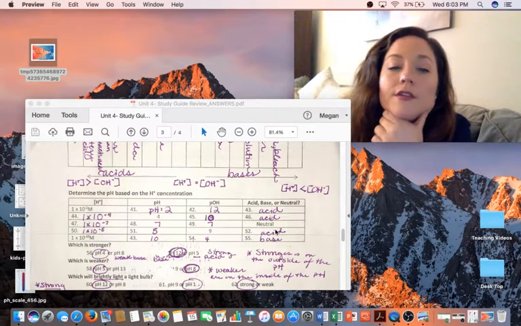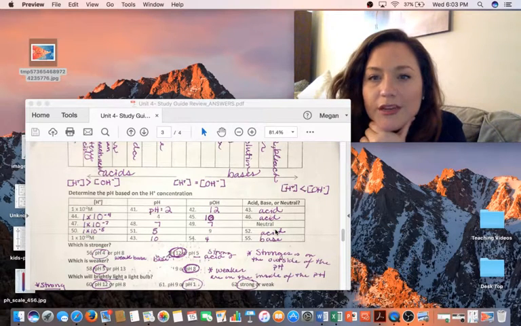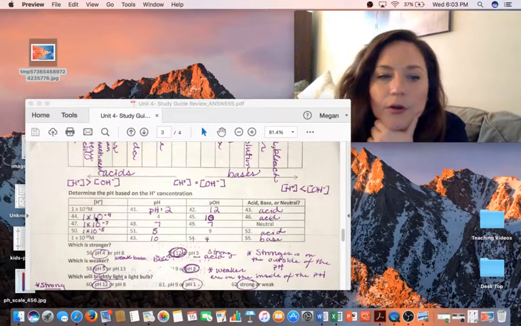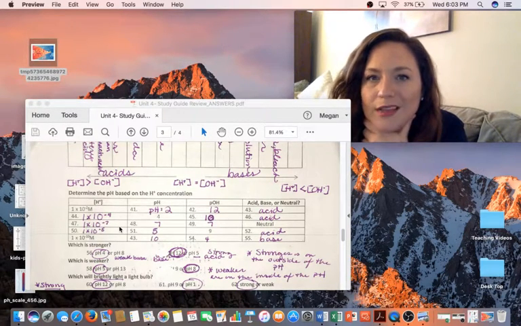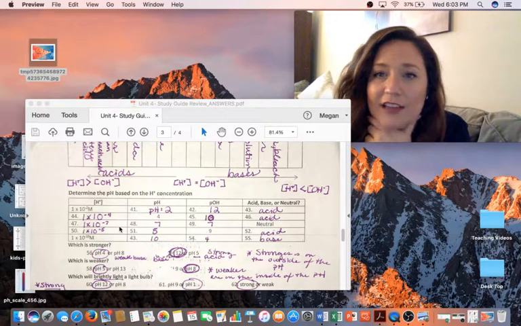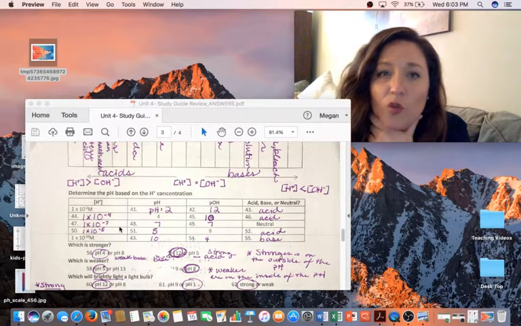So think of the pH: pH 2 should automatically come up as an acid. Next row, number 44. I was able to know that it's 1 times 10 to the negative 4 concentration of hydrogen ions because my pH was 4.